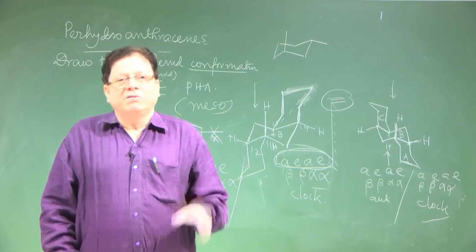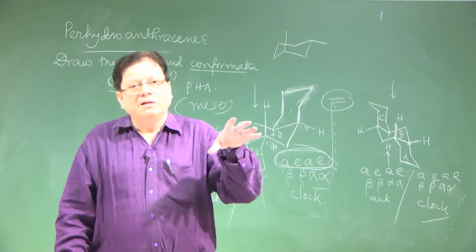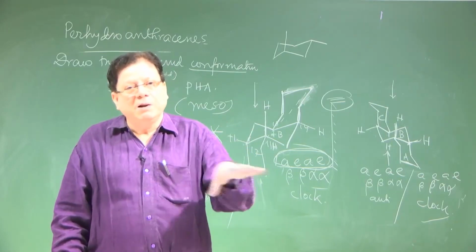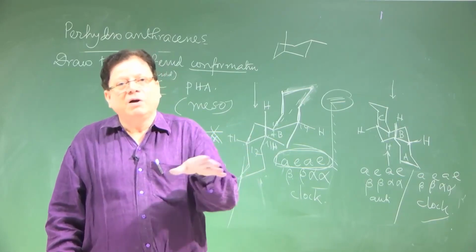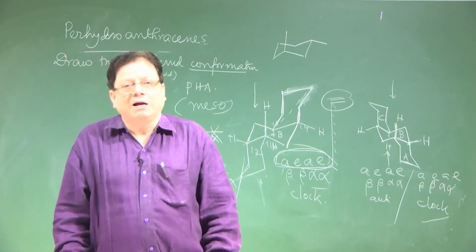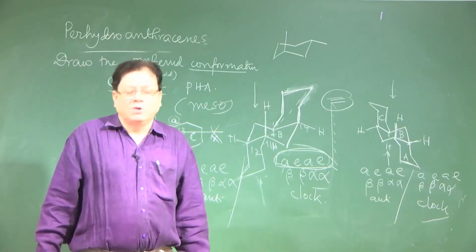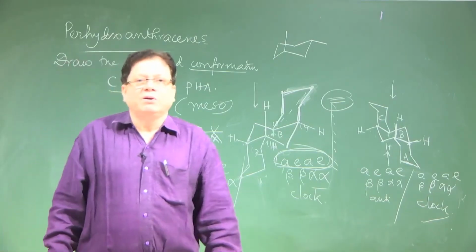The trick is to write the planar form and also assign the axial equatorial orientation in the planar form, and then convert it into the Packard form, that means the non-planar form, the actual conformation. Okay. So, I think that takes care of perhydrophenanthrene and perhydroanthracene.